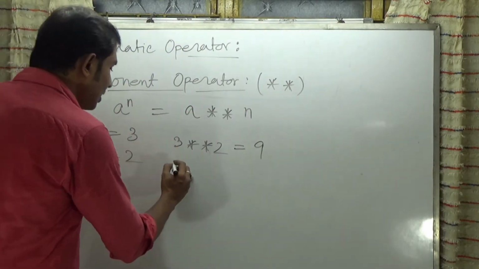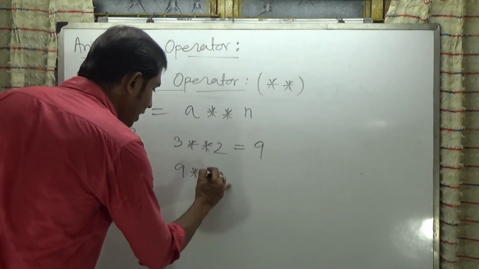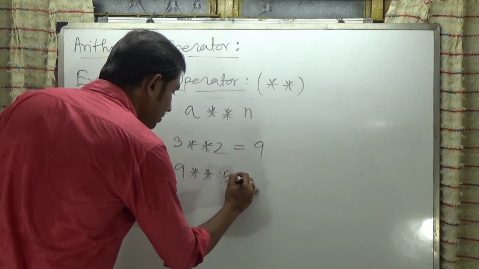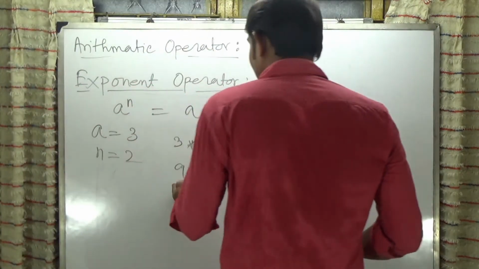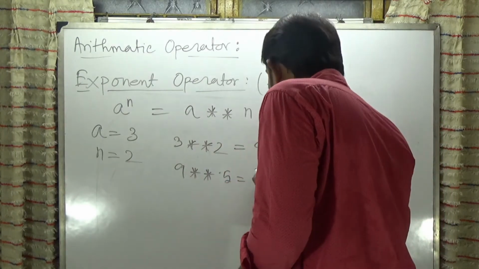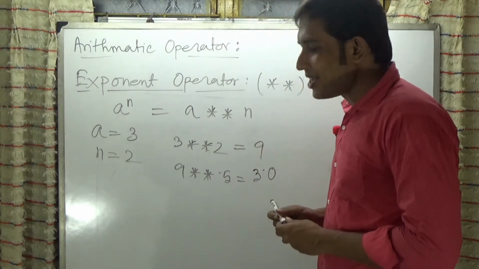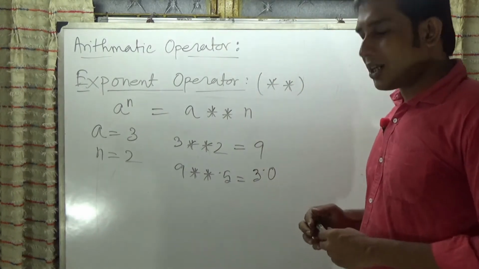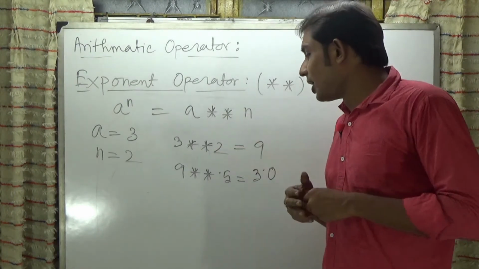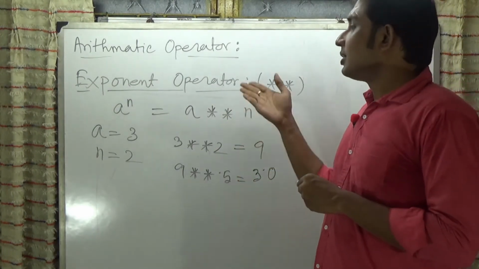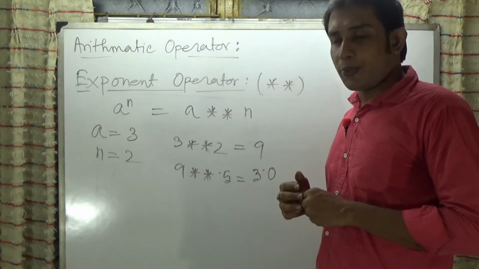Now if we write the exponent of 9 as 0.5, then as we know the square root of 9 is 3, but it returns 3.0, not only 3. In this case the same rule applies, as in the case of the float division operator and the modulo division operator.